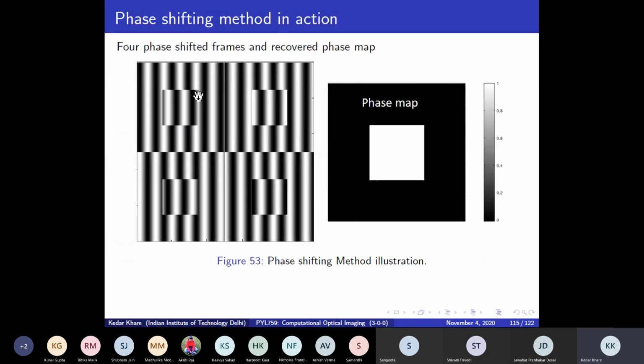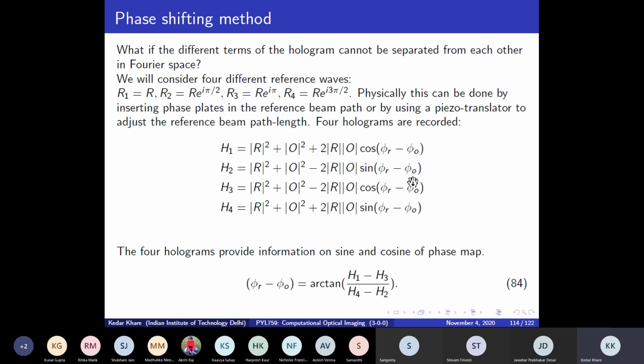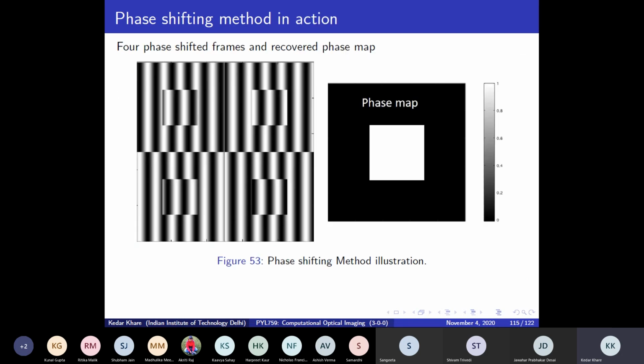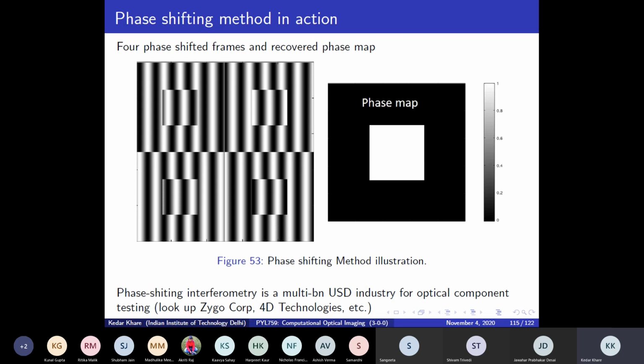So if you have a sharp edge in the object, your phase map will also have a sharp edge, because there is no Fourier filtering here. All that is happening is some algebra for doing h4 minus h2 and h1 minus h3, and then whatever that function is, you are just taking the arctangent. So there is no reason to lose any resolution.